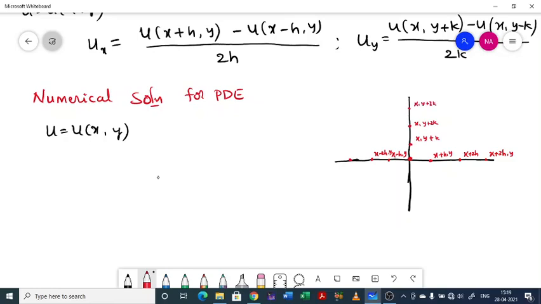Similarly, x comma y minus k, x comma y minus 2k, and so on.